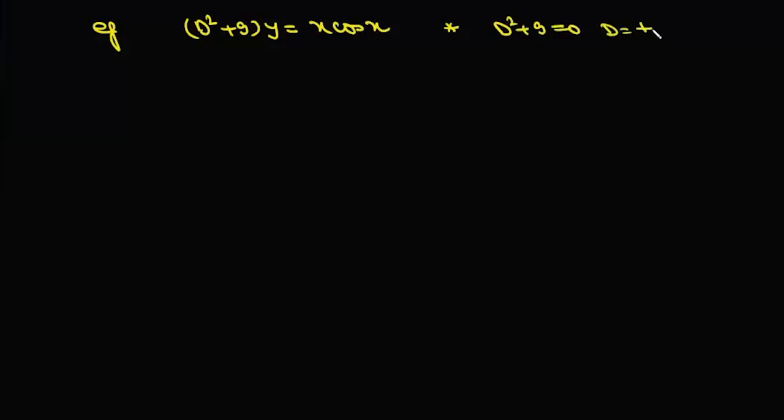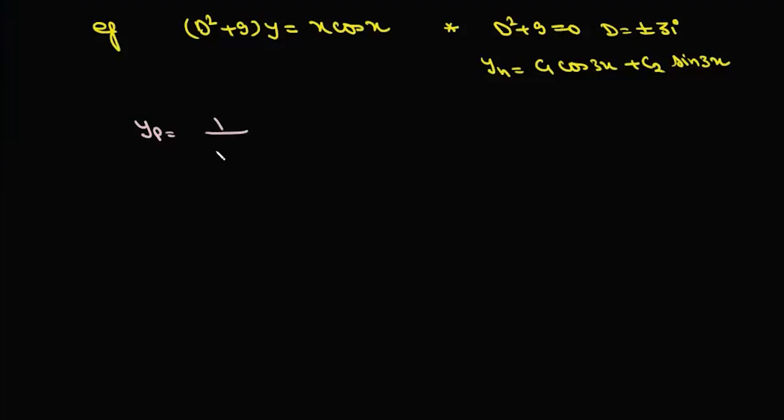So we'll have d as plus minus 3 iota. So basically its yh will be c1 cos 3x plus c2 sin 3x.